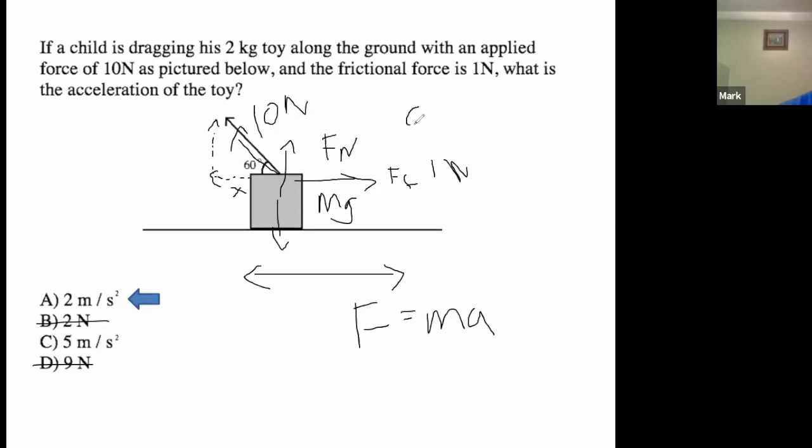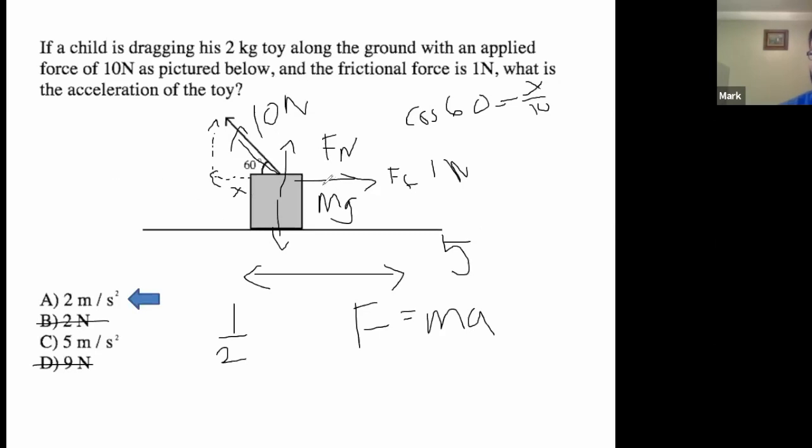So we know that cosine of 60 is equal to X over the hypotenuse, which is this one, which we know is 10. You do have to memorize that cosine of 60 is 1/2, and that sine of 30 is 1/2. So 1/2 equals X over 10, and you know that X equals 5. So it's a force of 5 newtons to the left.